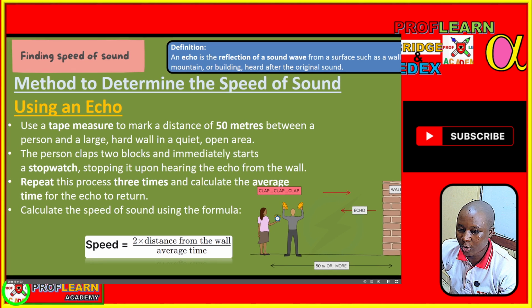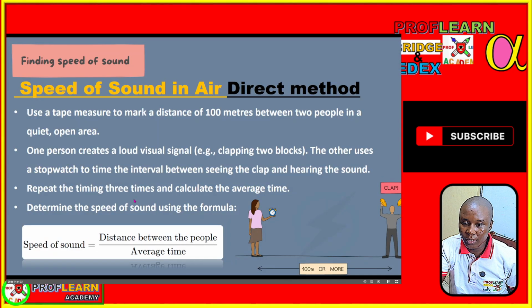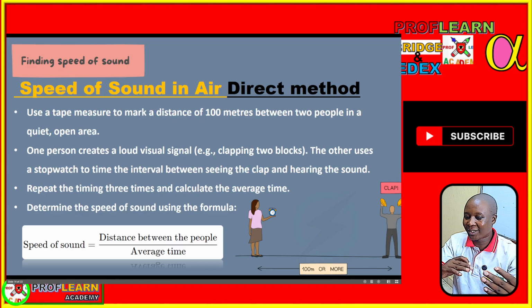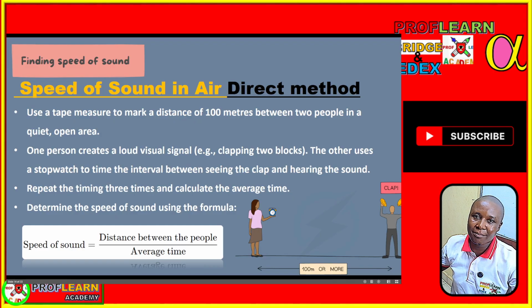Yeah, so I needed to ensure that those bullet points are clear for you so that you can see what we are having. In the previous section, we highlighted the steps you are going to use to find the speed of sound. Direct method: 2 people stand how many meters apart? 100 meters apart.